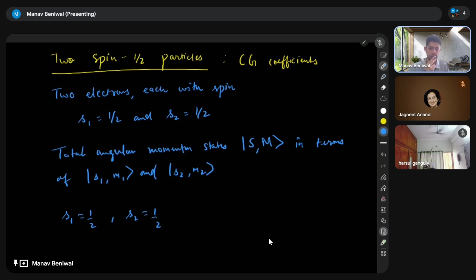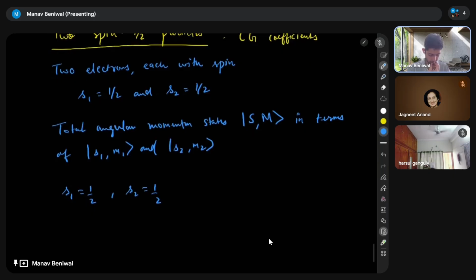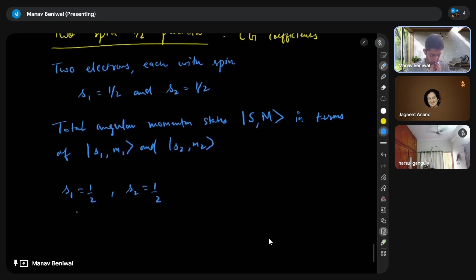My maximum m1 can be 1 by 2 and minimum m1 can be minus 1 by 2, so I can have two values of m1, minus 1 by 2 and 1 by 2. Similarly, I can have two values of m2, minus 1 by 2 and 1 by 2.